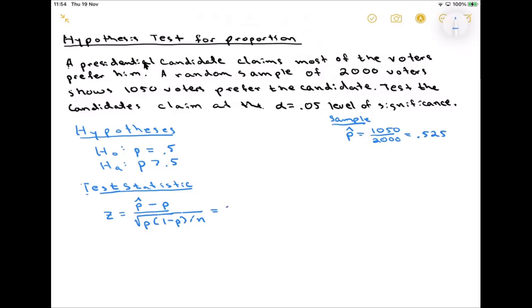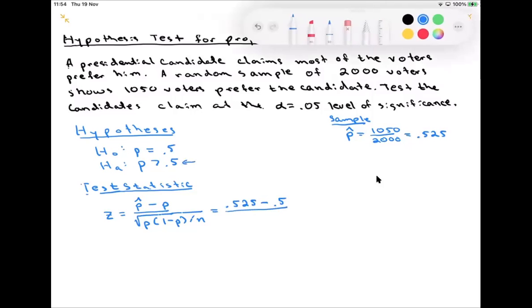And I can put that in here, 0.525, the one with the hat. The 0.5 is what I'm testing against, and that's coming from my hypotheses.